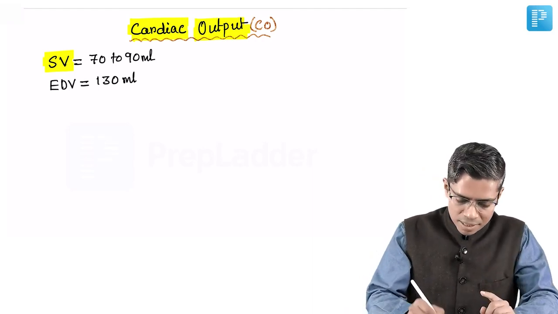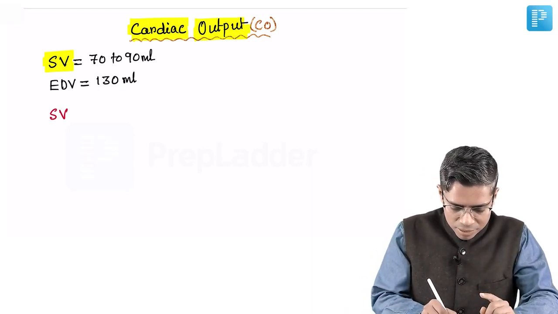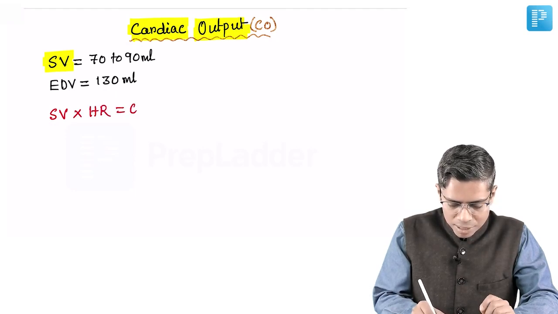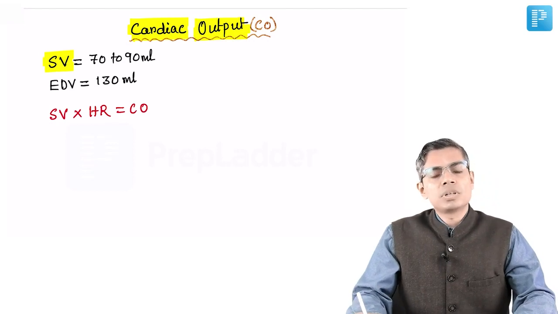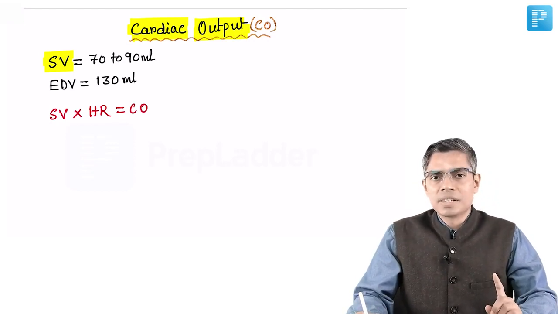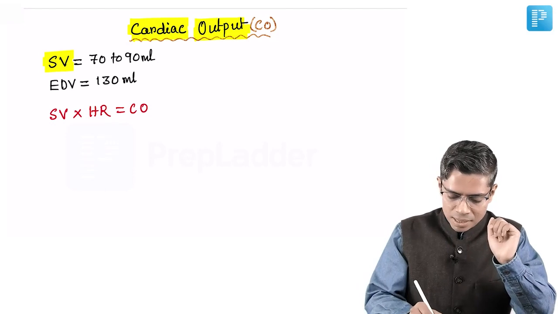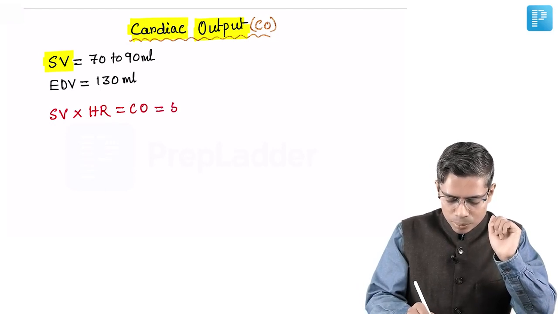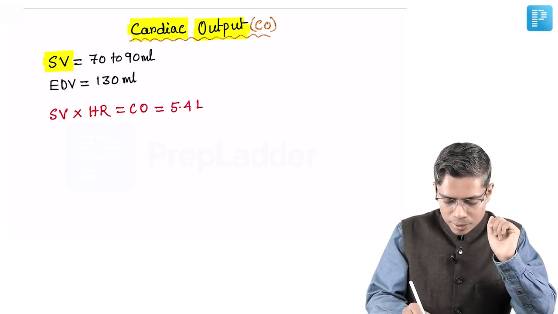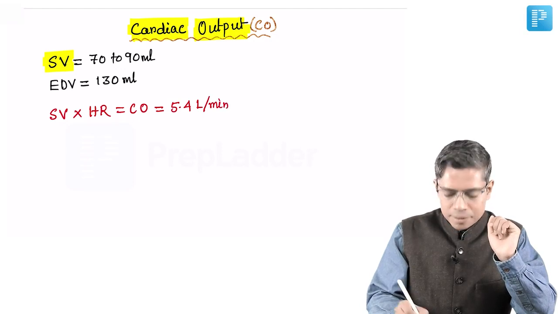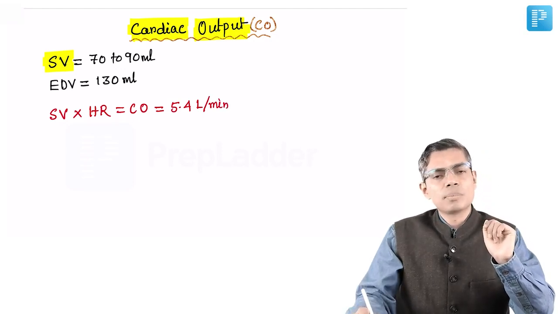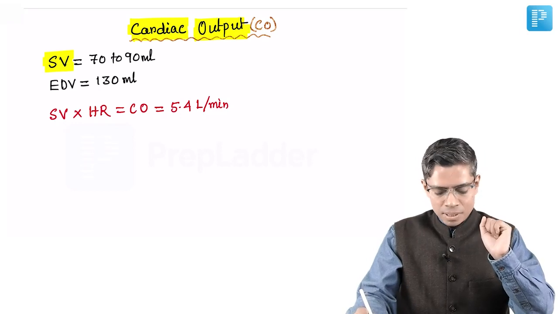So if I multiply this stroke volume with the heart rate of the person, I am going to get the cardiac output, or the total volume that will be ejected by a single ventricle in 1 minute, right? And the normal value of this cardiac output is 5.4 liter per minute for a 70 kg adult body weight person, right?